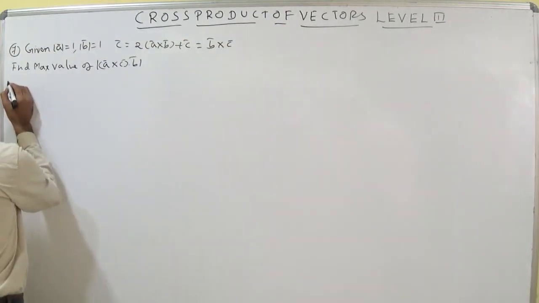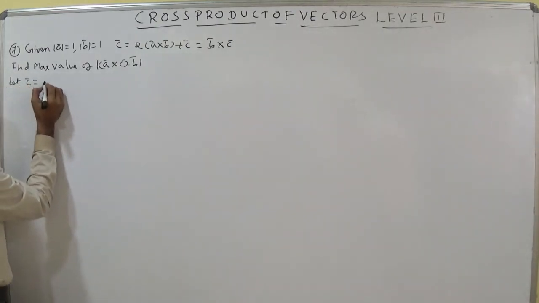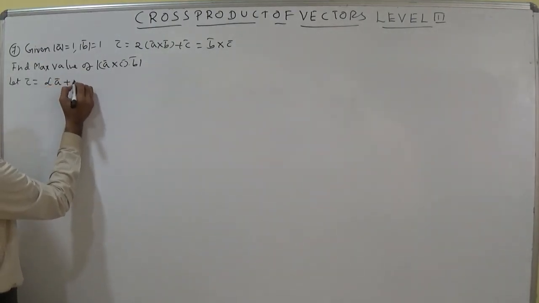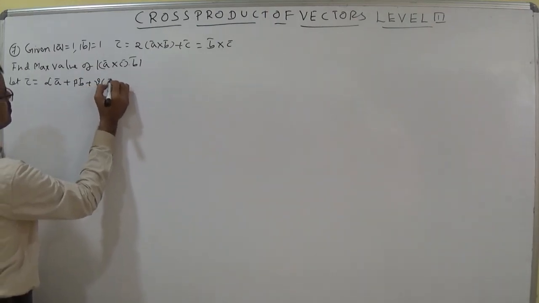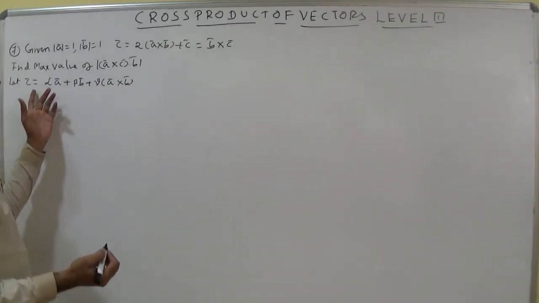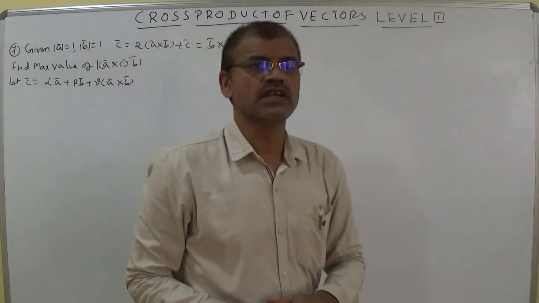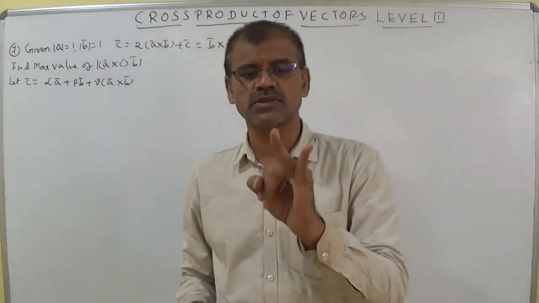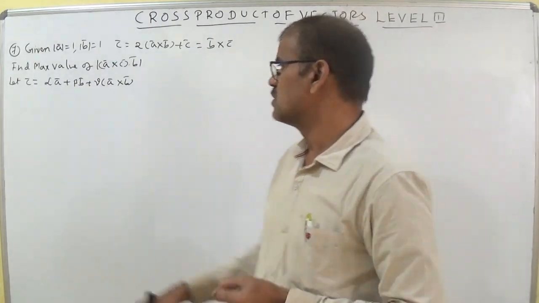For this sum I am saying, let C bar is equal to alpha A bar plus beta B bar plus gamma A cross B, because C bar is a linear combination of 3 vectors. The general formula for R bar is x i bar plus y j bar plus z k bar.